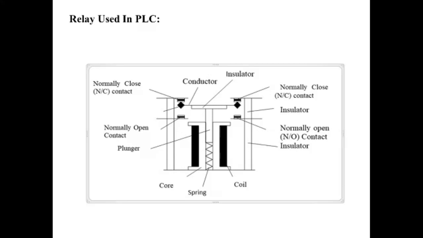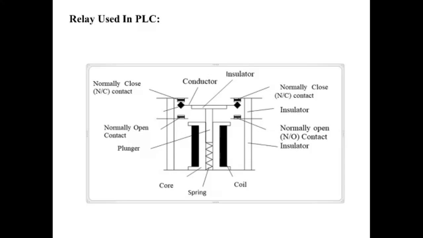When the electromagnet is energized by passing an electric current through the coil, the magnetic field pulls the plunger into the core, which pulls the movable contact downward.